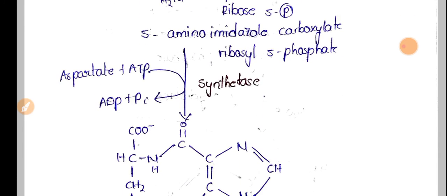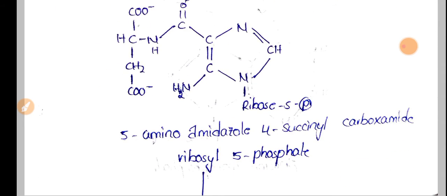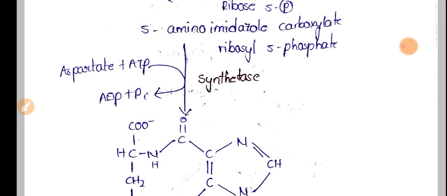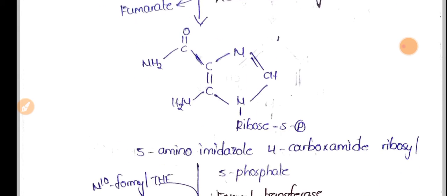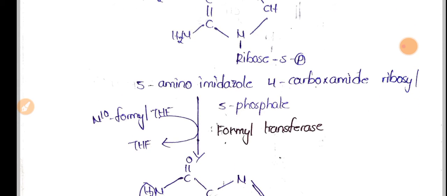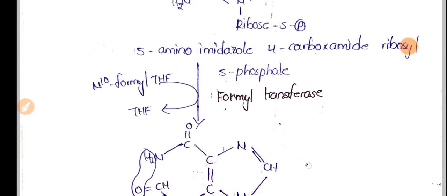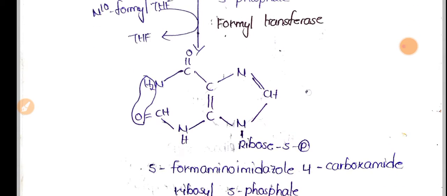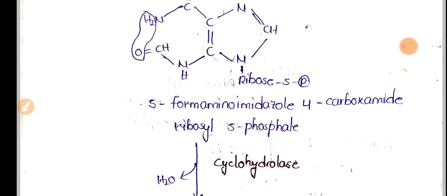This 5 amino imidazole carboxylate ribosyl 5 phosphate is converted into 5 amino imidazole 4 succinyl carboxamide ribosyl 5 phosphate, and here the enzyme is again synthetase. This compound is converted into 5 amino imidazole 4 carboxamide ribosyl 5 phosphate, which is converted into 5 formamido imidazole 4 carboxamide ribosyl 5 phosphate.